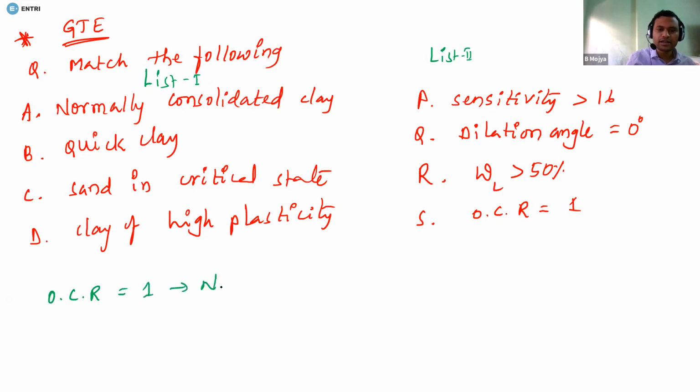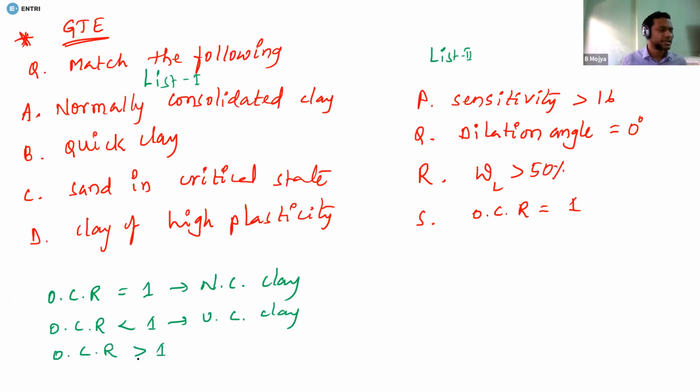OCR is less than 1 for under consolidated clay, called UC clay, and OCR is greater than 1 for over consolidated clay, called OC clay. So A is matching with S.